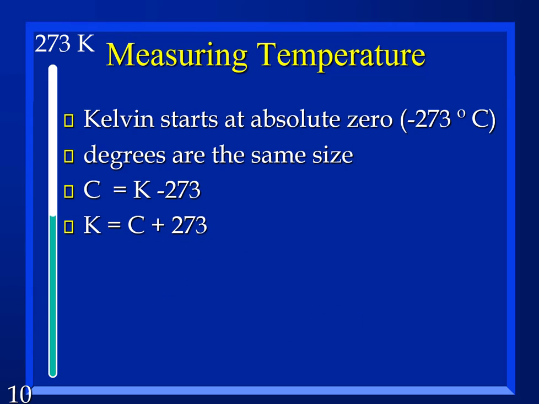Kelvin equals Celsius plus 273. All you have to remember is that the difference is 273, and Kelvin's always bigger.